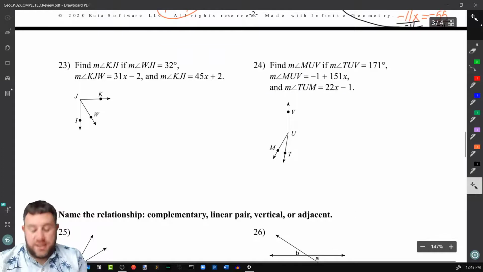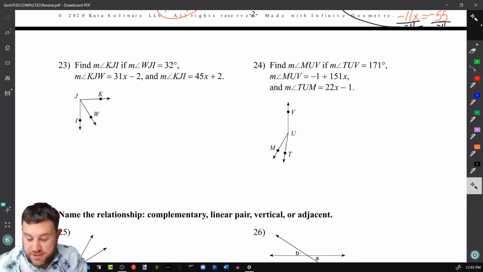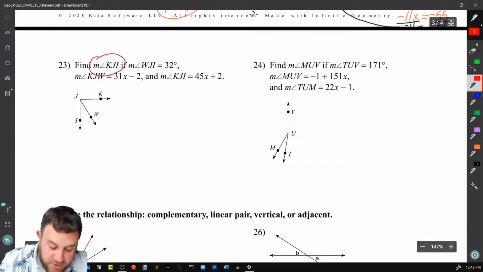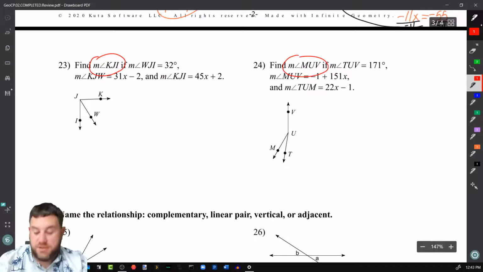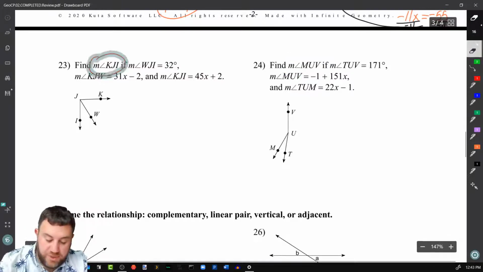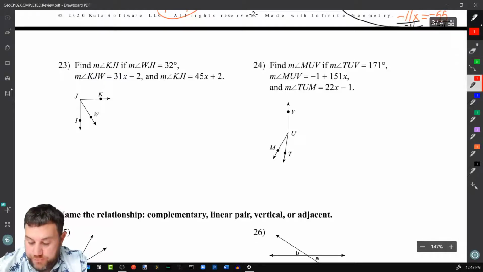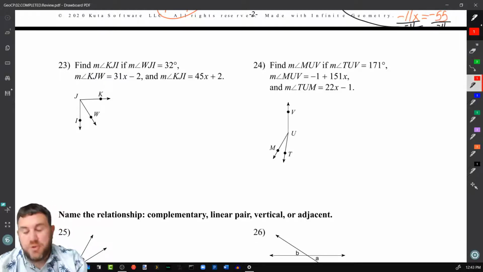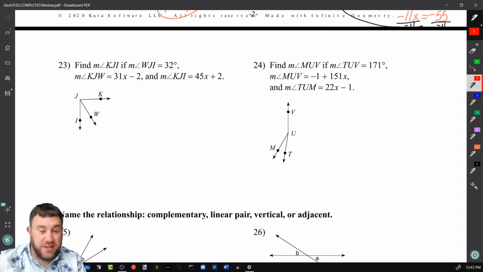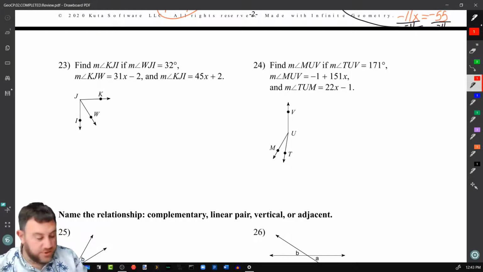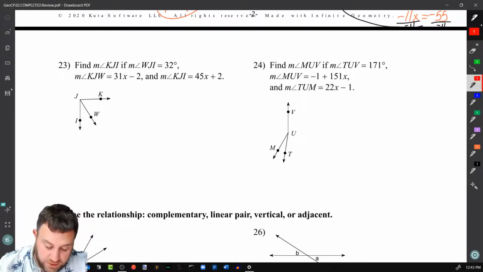Our next section starts off the exact same way, but notice here we're trying to find an angle in each of these. So we find x just like we did, but then we have to plug it back in. So I'm going to stop color coding my angles this time around, just to move through it a little bit quicker. I am still going to label my picture.